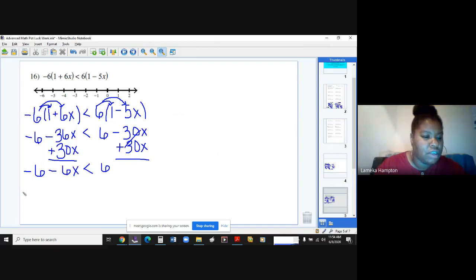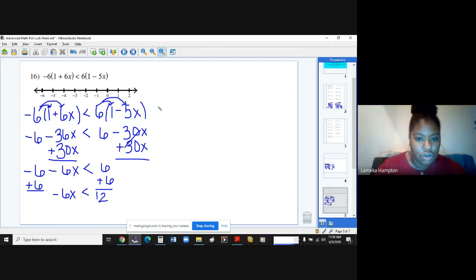So now that means I need to add 6 on the other side. When I do that, I have -6x. 6 plus 6 is 12.